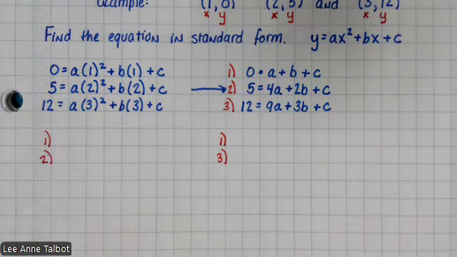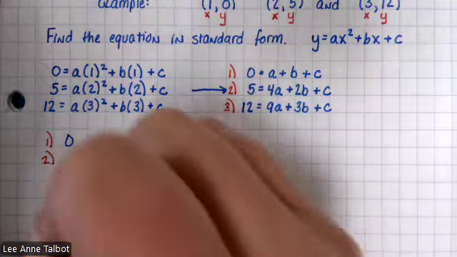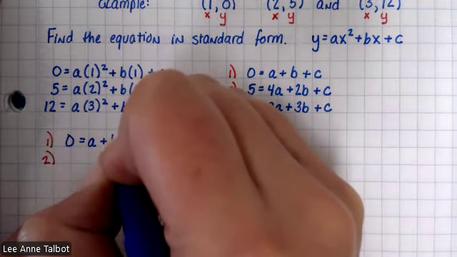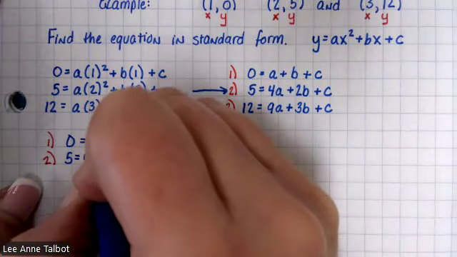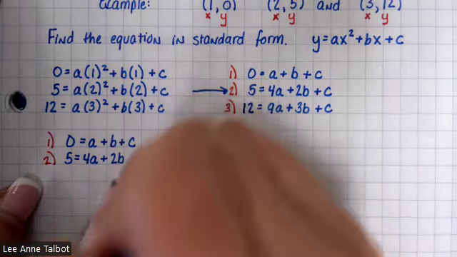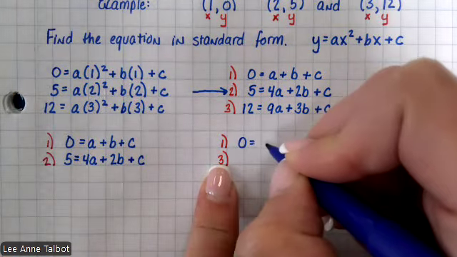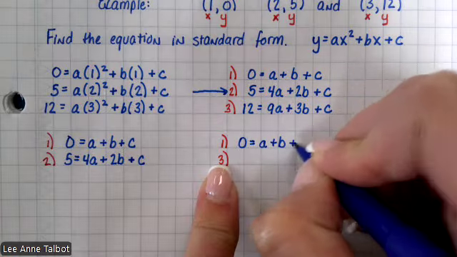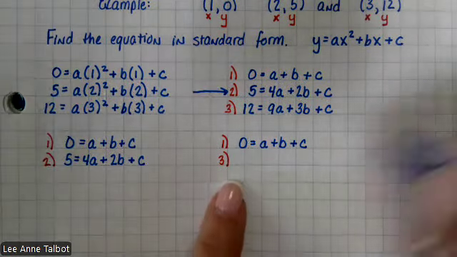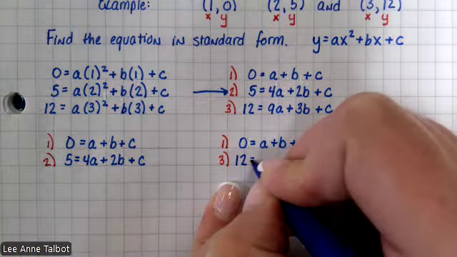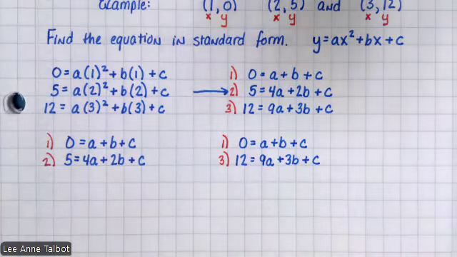You're always going to do 1 and 2 and 1 and 3 because you're going to have plain C every time. 0 equals A plus B plus C, 5 equals 4A plus 2B plus C. Then 0 equals A plus B plus C, 12 equals 9A plus 3B plus C.